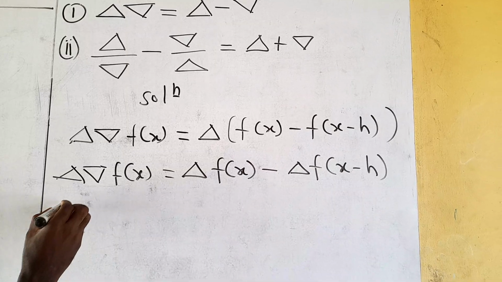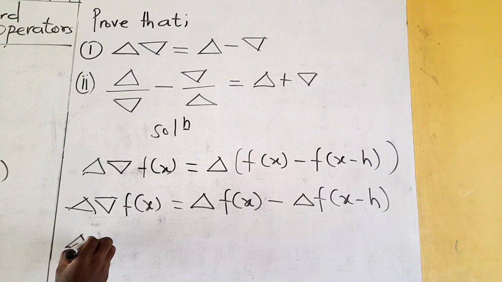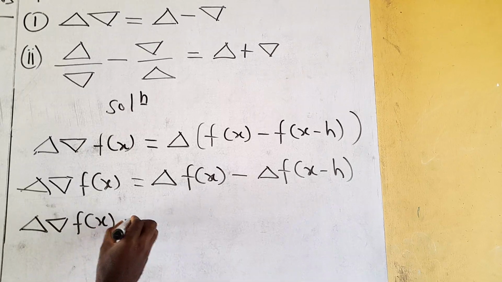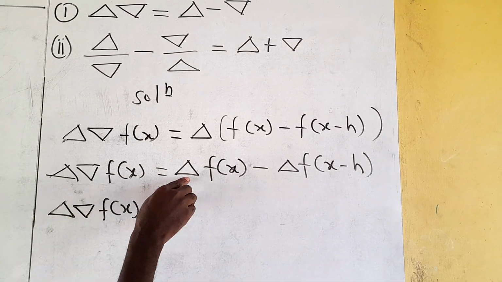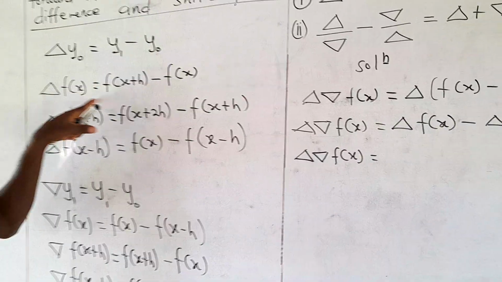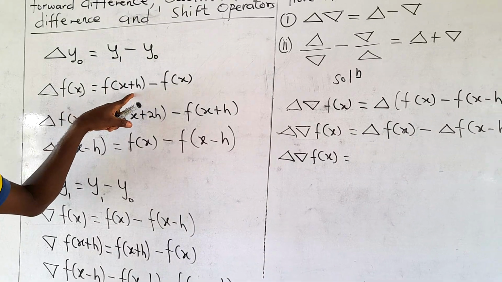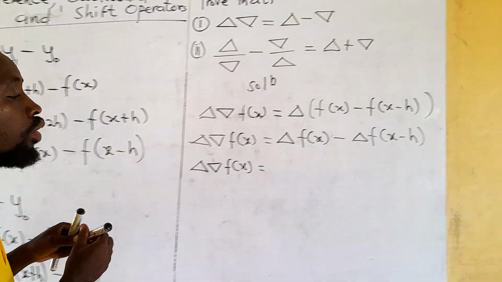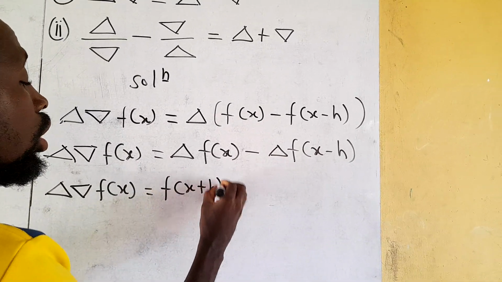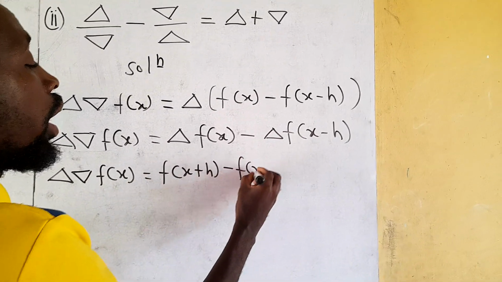So we can say delta nabla of a function is equal to, so what is delta of a function? Remember, delta of a function is a function that is greater than it minus the function itself. So we can say f of x plus h minus f of x.